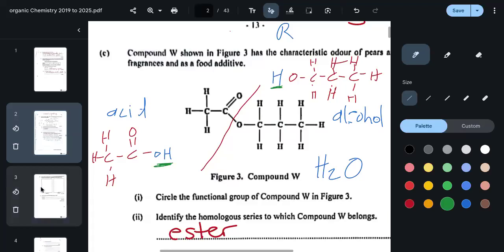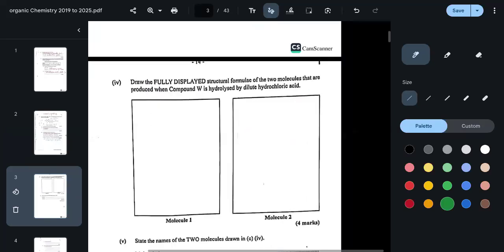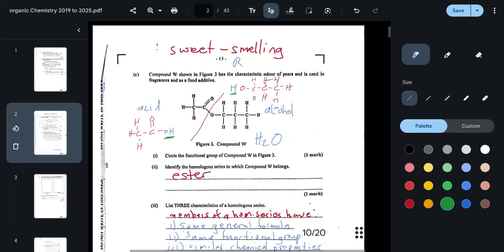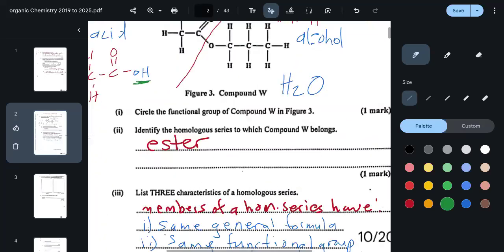Now, in the question, it says hydrolyze using dilute hydrochloric acid. The next option would have been sodium hydroxide or potassium hydroxide. If that was the case, you will put on the carboxylic acid, right?